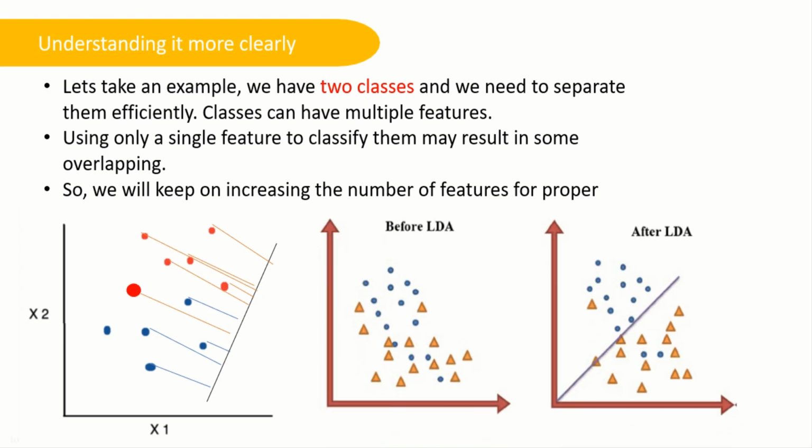You can see clearly in this example that before LDA the separation between the classes was very low, as many data points of this class were lying in the blue class. After LDA, you can see that it has given a good separation between each class.